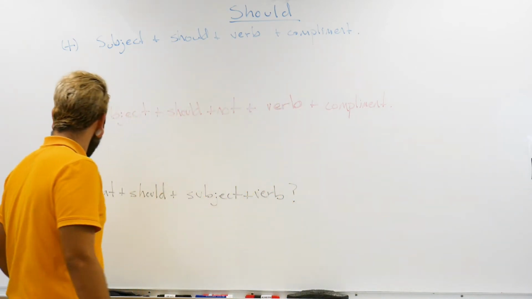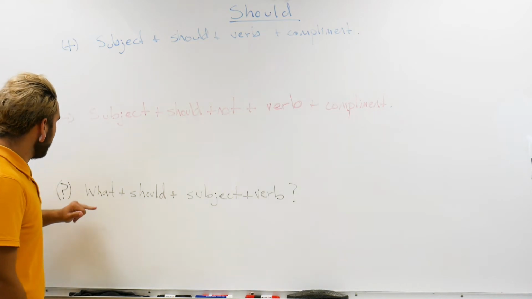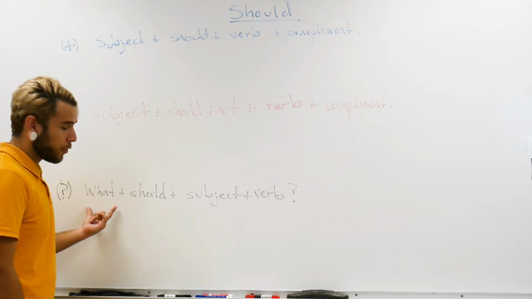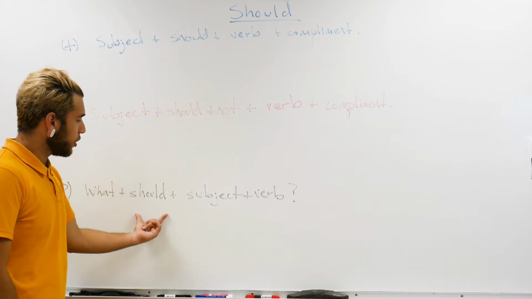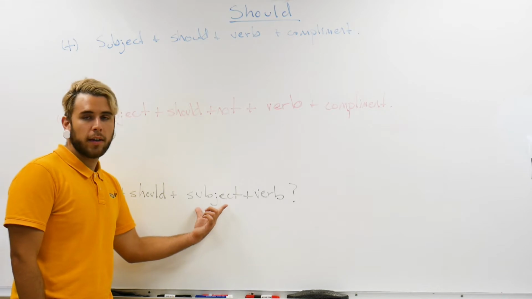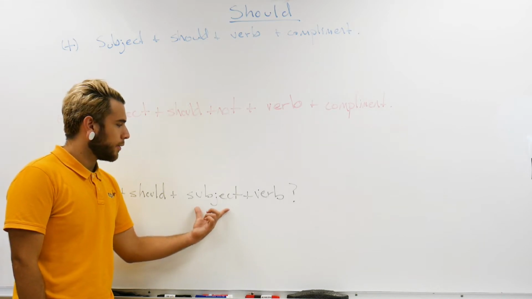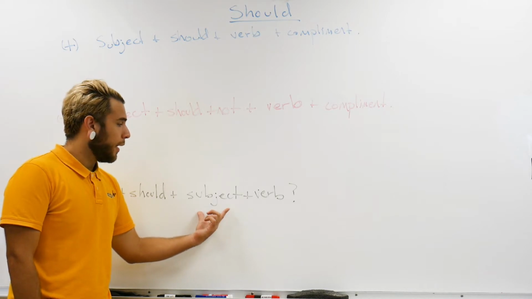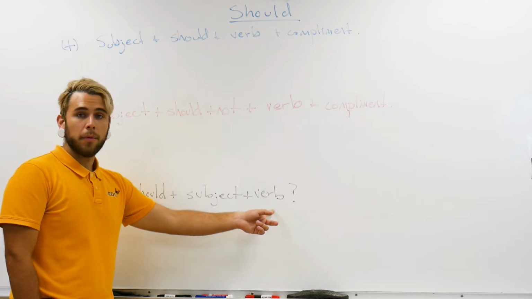First, the formula for the question: the first word is what, then the word should, then the subject you're talking about. It could be a name, Eric, Sam, Luis, or he, she, they, and then the verb.